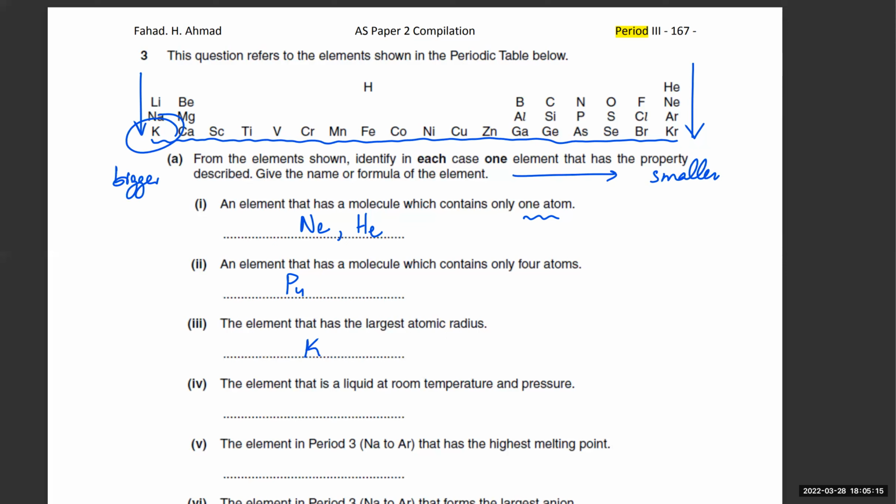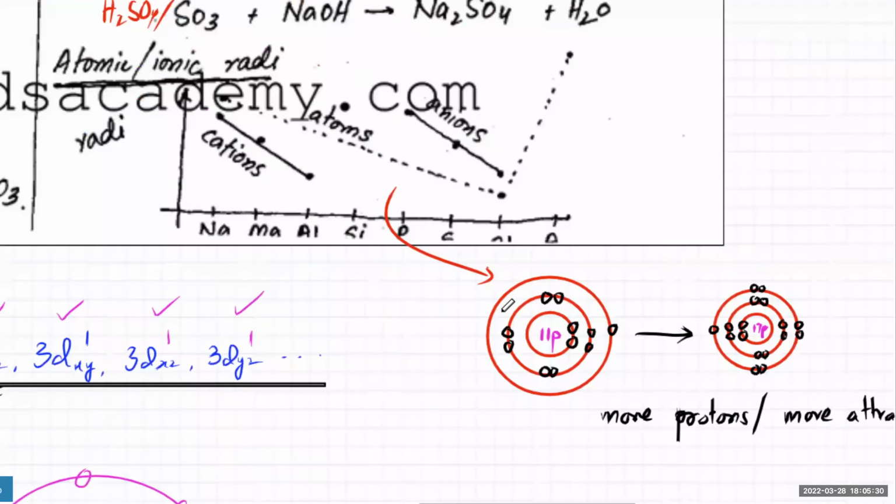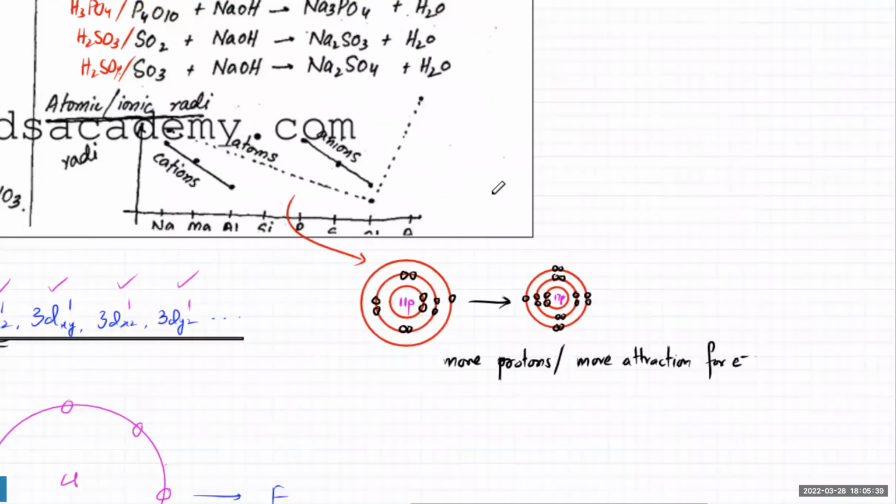Why does the radius decrease? There will be reasons for that too. If I zoom in on this. Why does the atomic radius, not the ionic radius, decrease to the right? Because you've got more protons. If sodium is here, that's 11 protons. On the other side, you have chlorine, which has 17 protons.